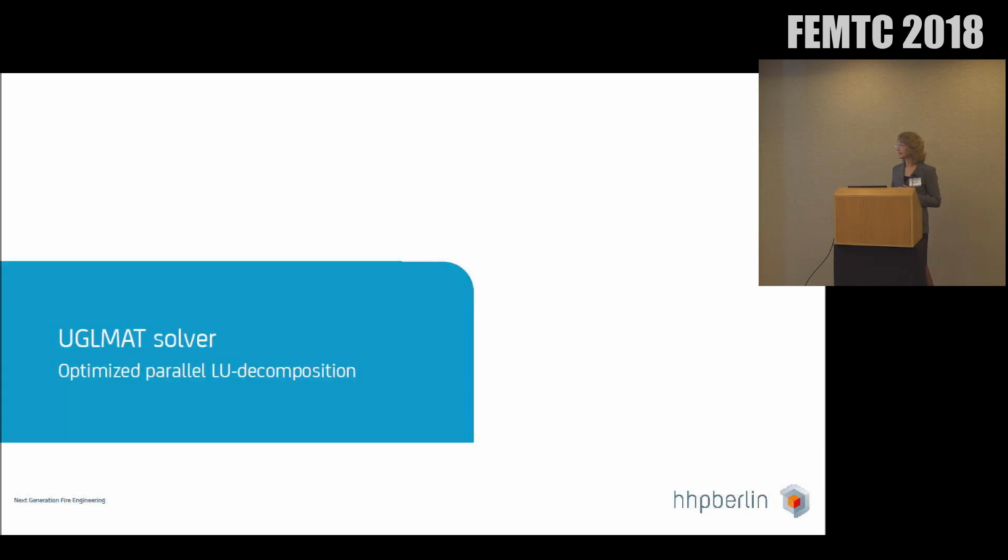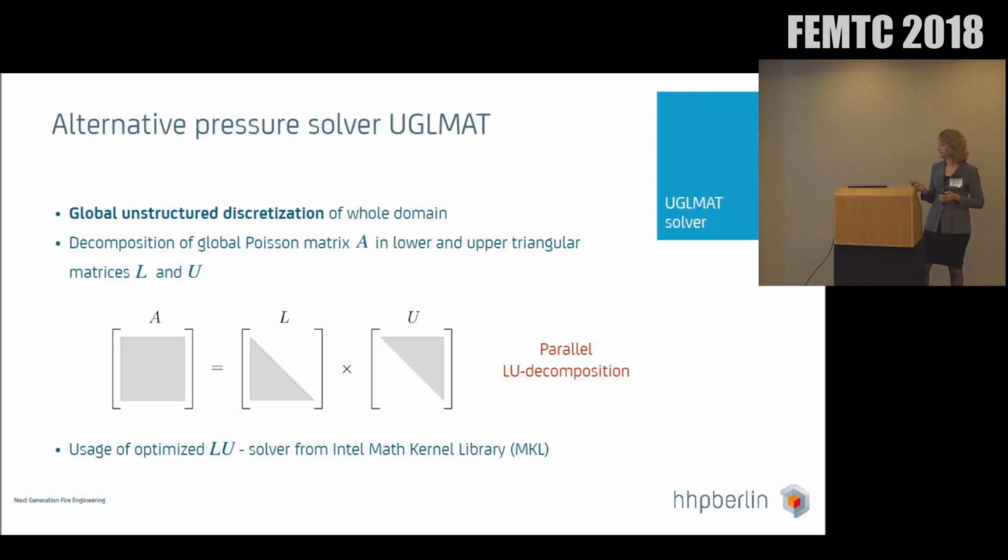Okay. So let's talk about the next solver, the UGL-MUT solver, which instead is based on a global, unstructured discretization of the whole domain. And I think the U stands for unstructured and GL-MUT for global matrices.